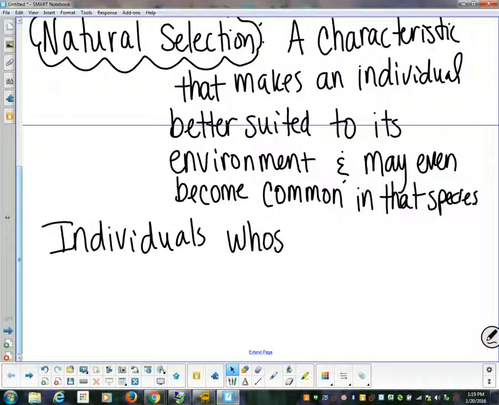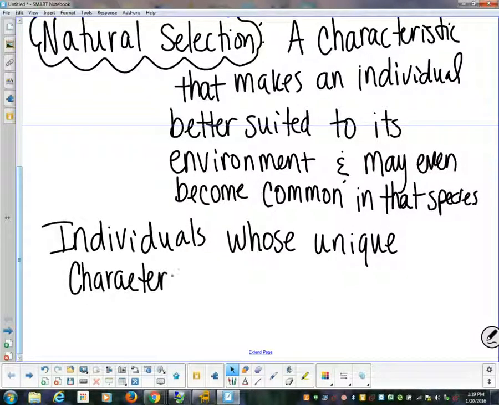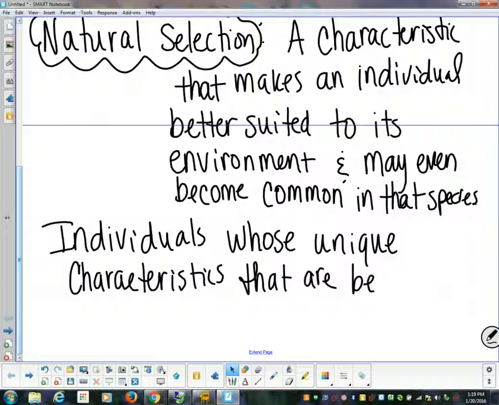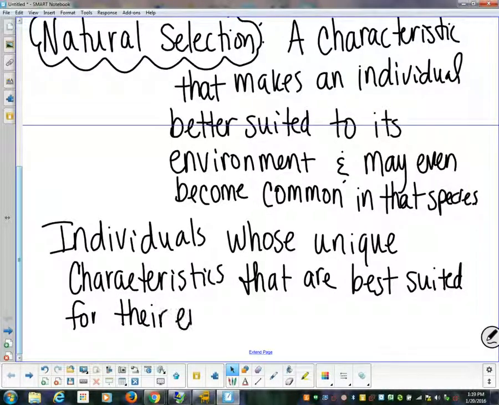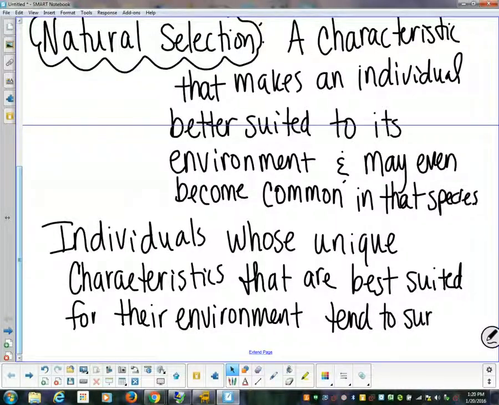And so individuals whose unique characteristics that are best suited for their environment tend to survive and reproduce, which makes sense because it's going to be able to live there.